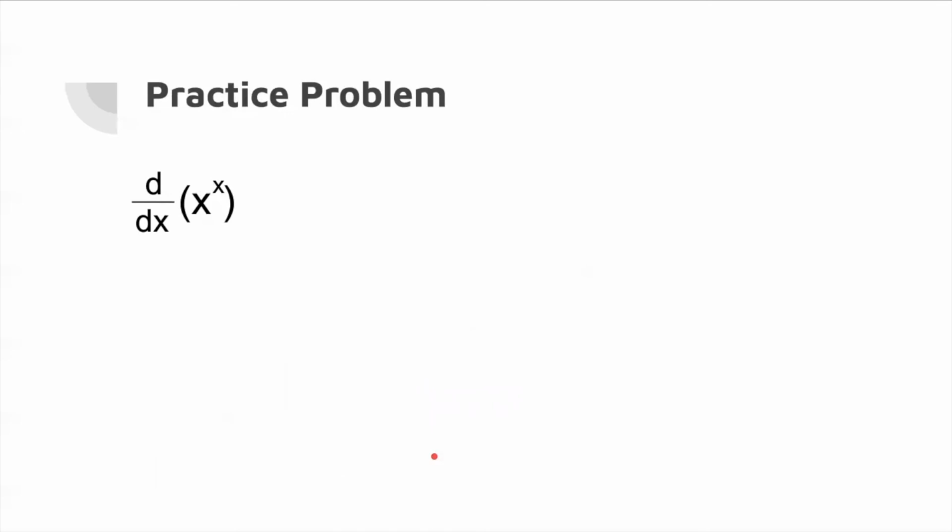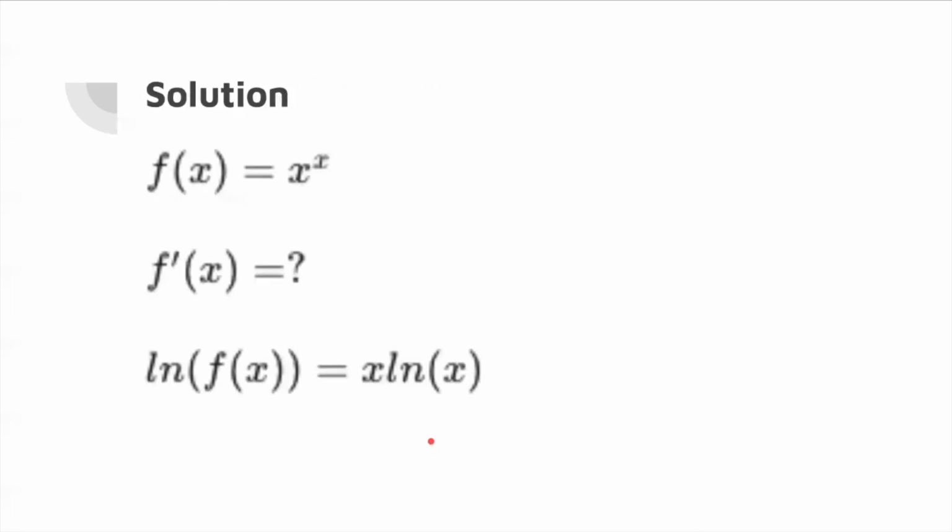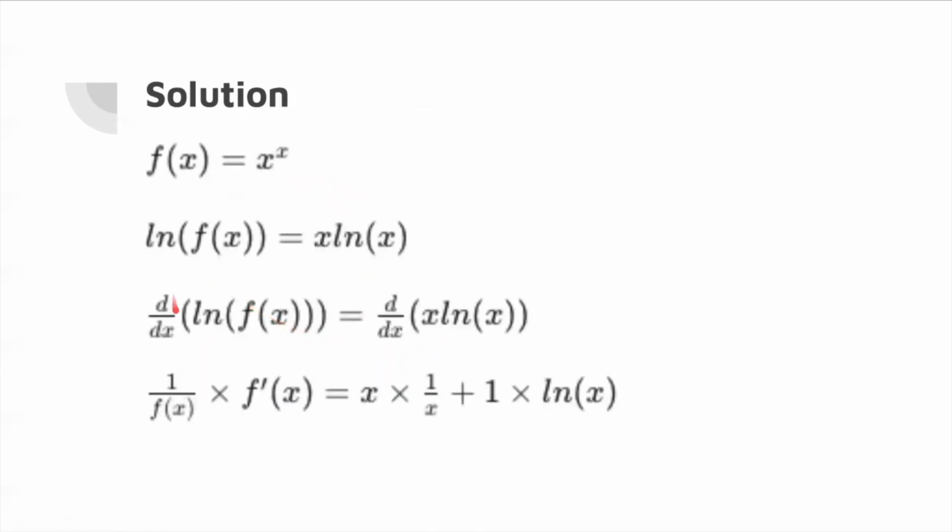All right, and this is the last practice problem for this video. The answer is, like the two problems before, you take the natural log on both sides because it's an exponential function. All right, and you can move the exponent to the front. Okay, and you differentiate both sides of the equation.